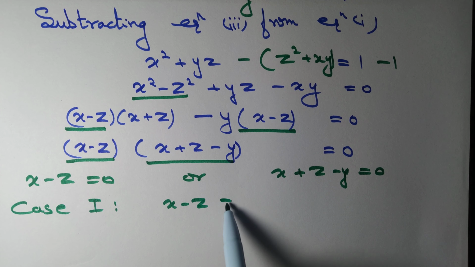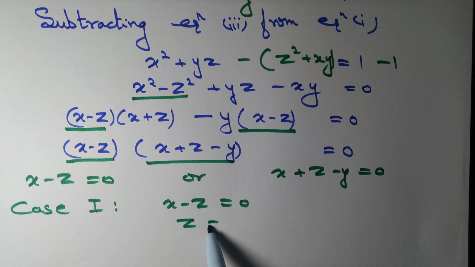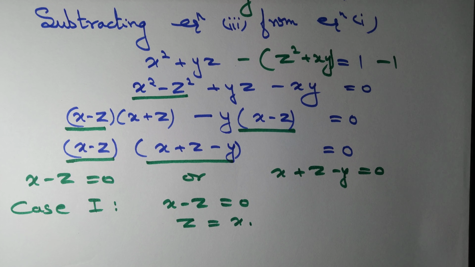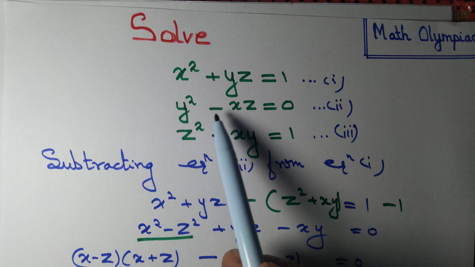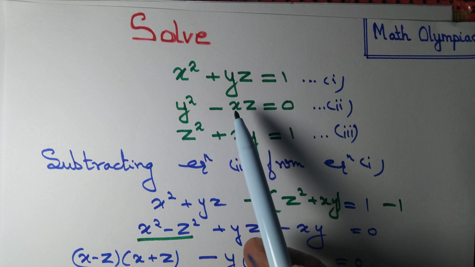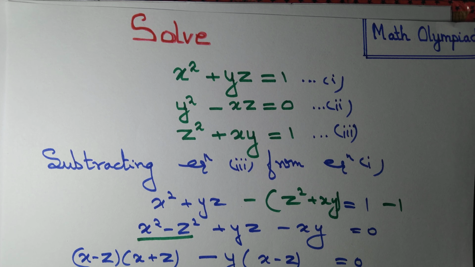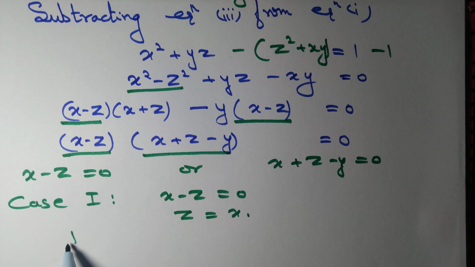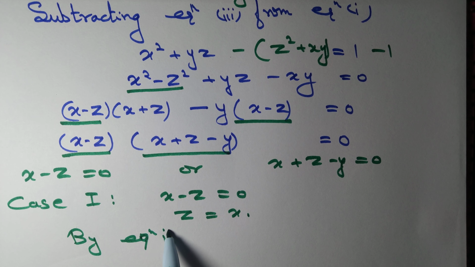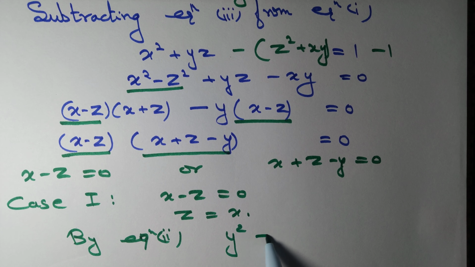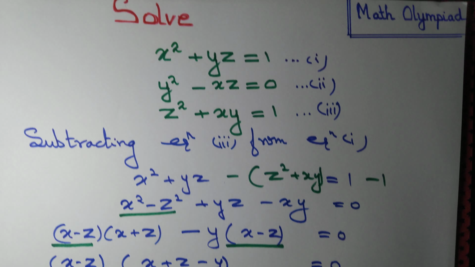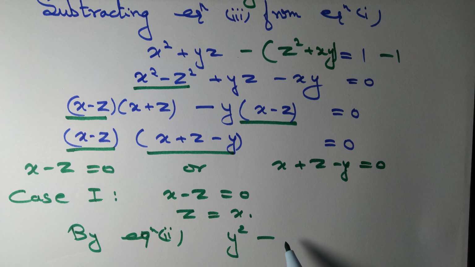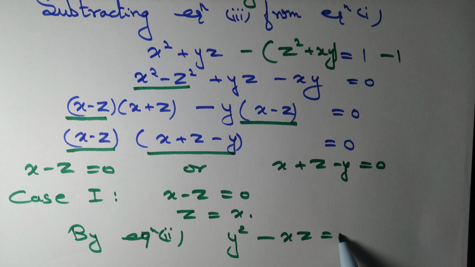X minus z equal to 0. That is the same as saying z equal to x. Let's write z equal to x in equation 2. By equation 2, y square minus xz equal to 0.